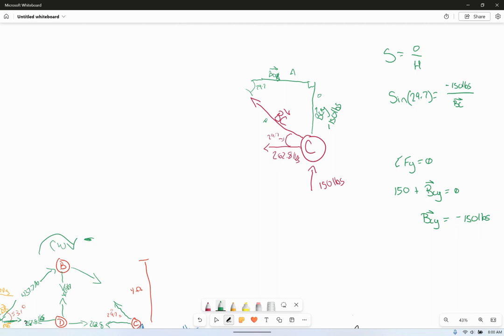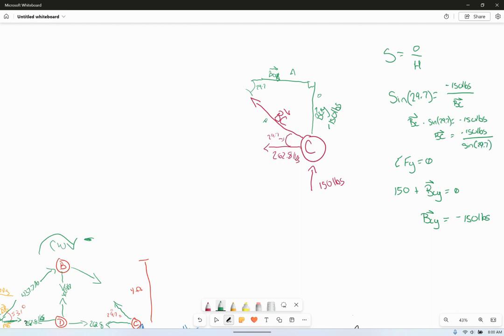Now I'm going to isolate this. So my BC vector times the sine of 29.7 is equal to negative 150 pounds. Then my BC vector is equal to negative 150 pounds divided by the sine of 29.7 degrees.